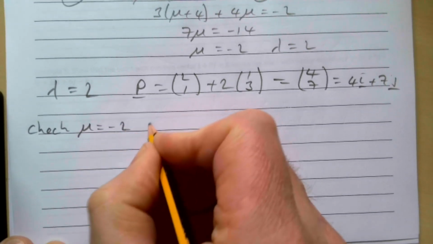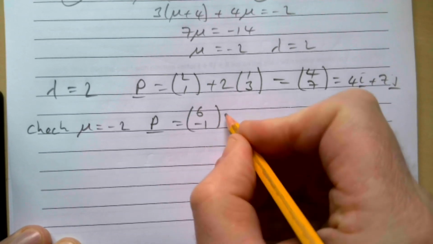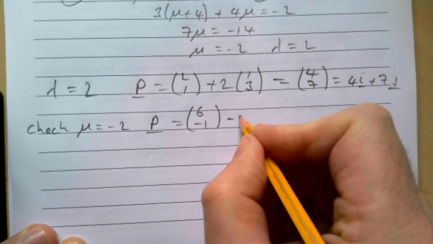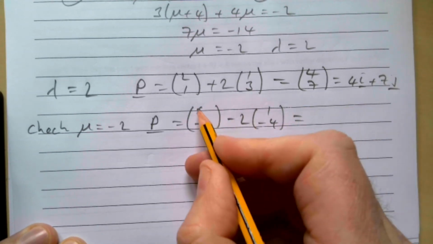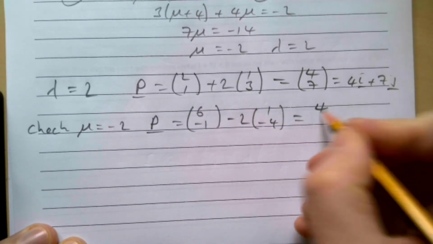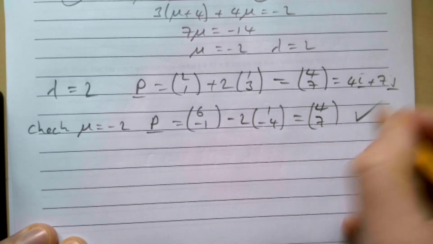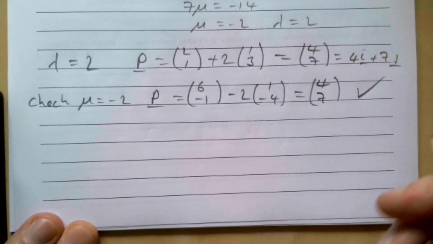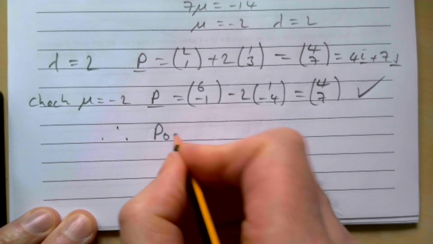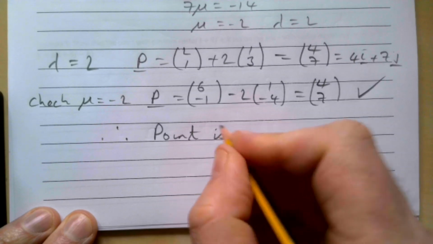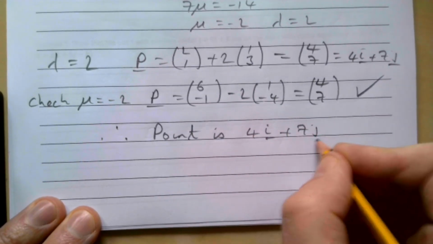Mu is minus 2. Check that it works for that. So it's going to be 6 minus 1 minus 2 times 1 minus 4. So 6 take away 2 is 4, minus 1 plus 8 is 7, and so it works. Therefore, our point is 4i plus 7j.